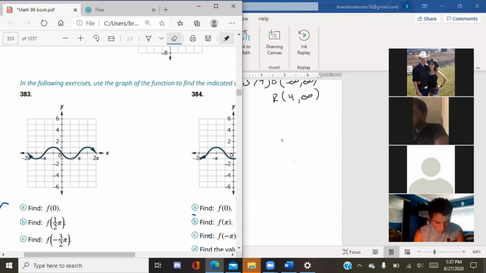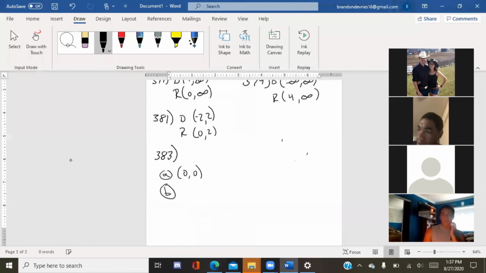Since this is pi, this is 3.14, so half of that would be right here. So it would be 1.57 for the x and then -1, right? Okay. I see what you're doing.